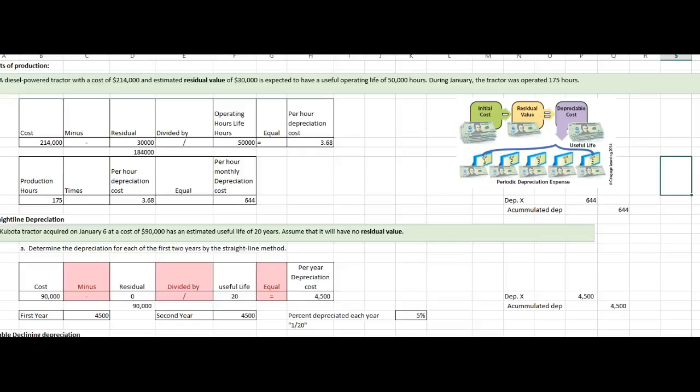Now this is worksheet 2, and this one deals with depreciation. We're looking at how to handle an asset that we're going to use over a year's time. So, let's say we're going to use it for 5 years.